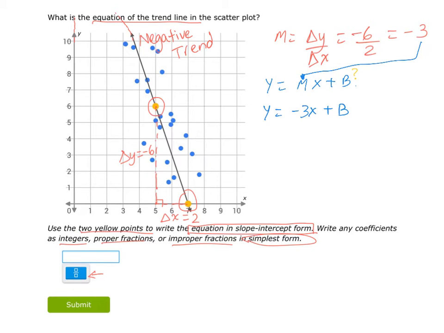Now one advantage that we have is this straight line right here, and we have two pairs of coordinates, coordinate 1 and coordinate 2. Let's take this point. What is this point?